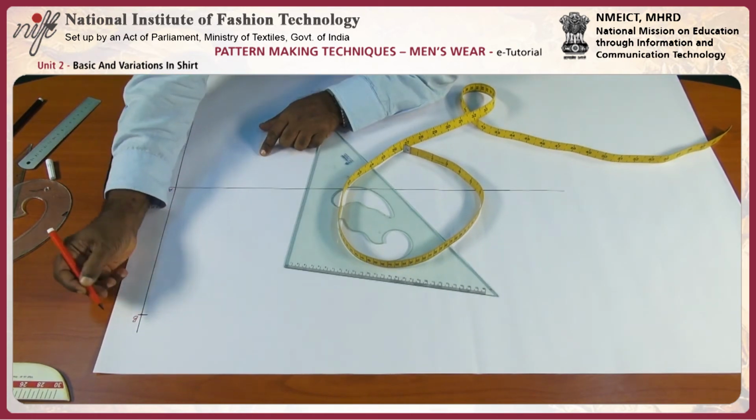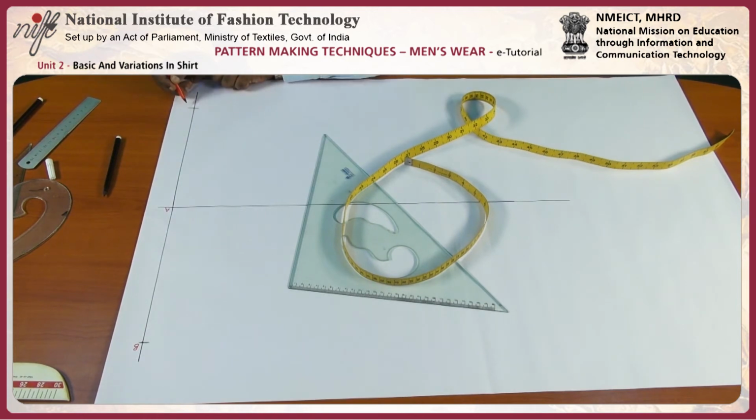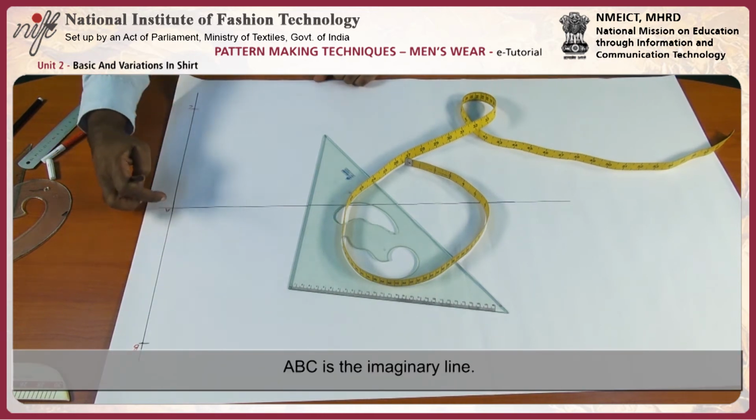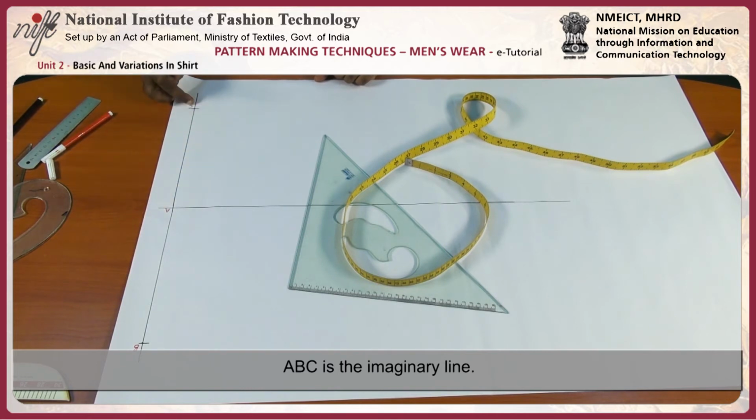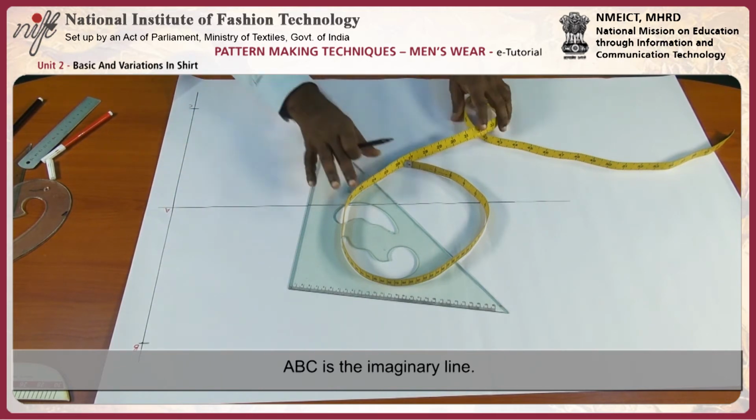Point B and point C. AB and AC is called imaginary line.